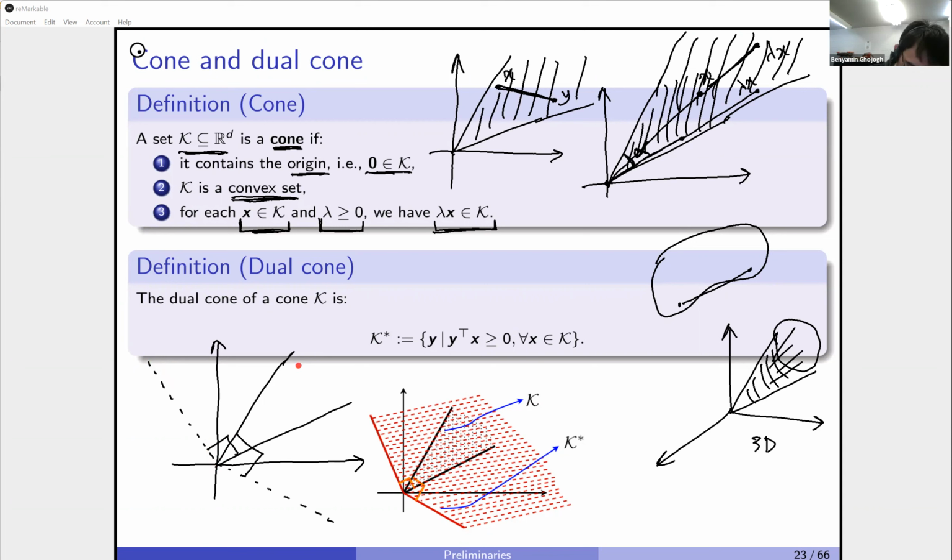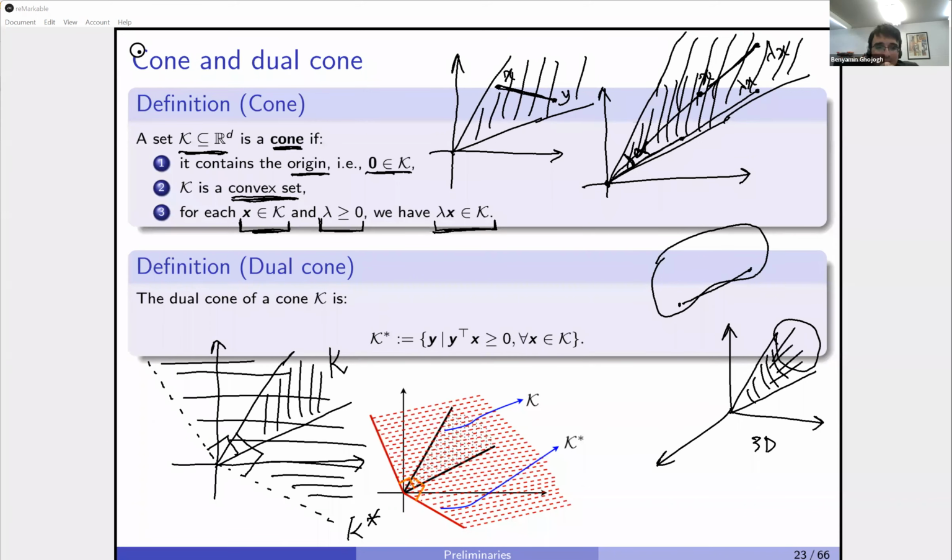So if this was a cone K, this whole thing is the dual of cone K. Is it obvious? It's exactly this shape shown here. So this is the cone K, and this whole thing is the dual of the cone.